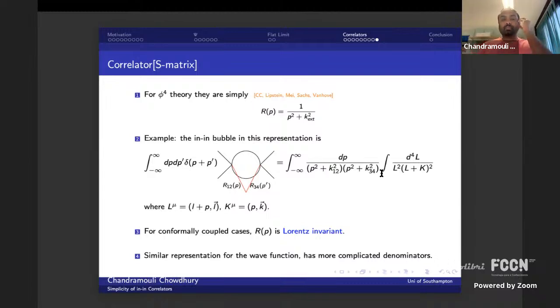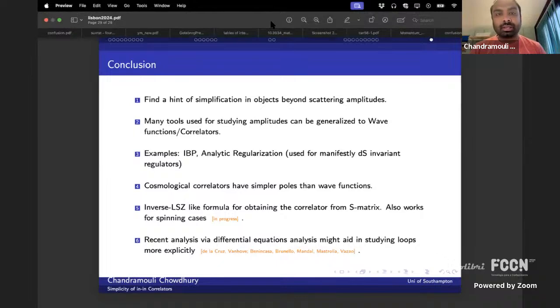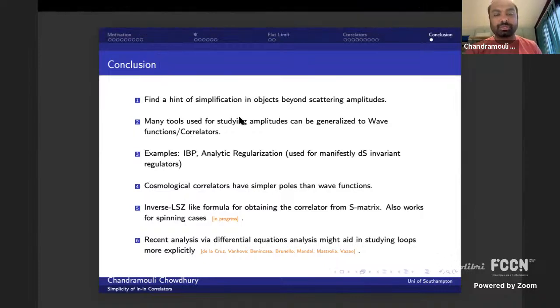Okay, good. So now let me conclude. I think I'm well ahead on time. So all this calculation shows that there is a hint of some simplification in objects beyond scattering amplitudes. So usually most of the simplification that we have seen in the amplitudes program till now was very limited to computing scattering amplitudes, which of course is something that most people are interested in when it comes to collider physics experiments and so on.